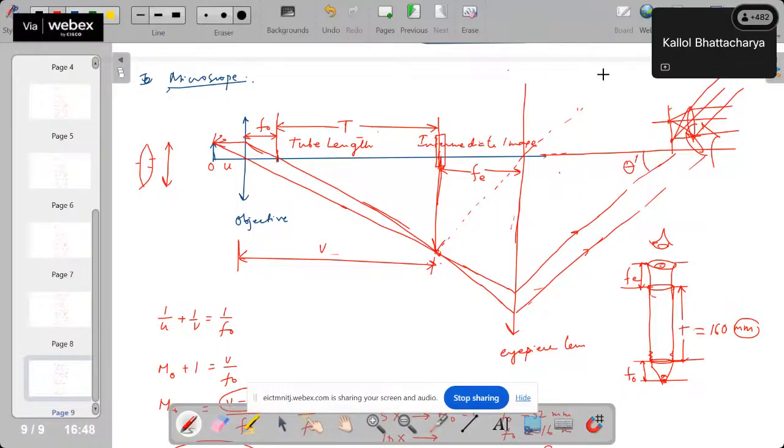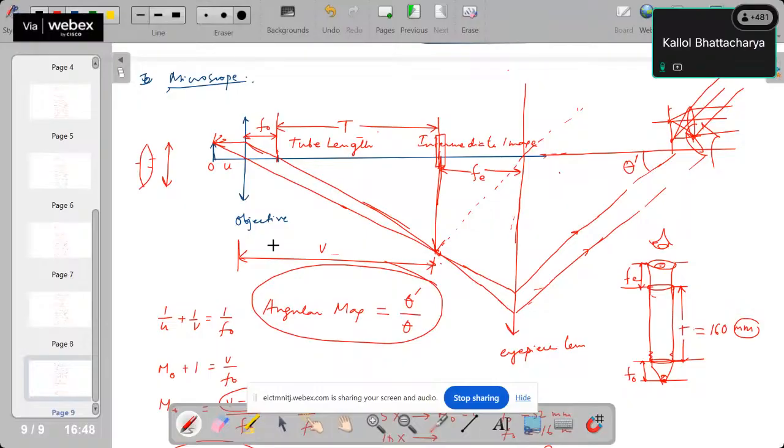Then angular magnification is defined as theta dash by theta. This is angular magnification.